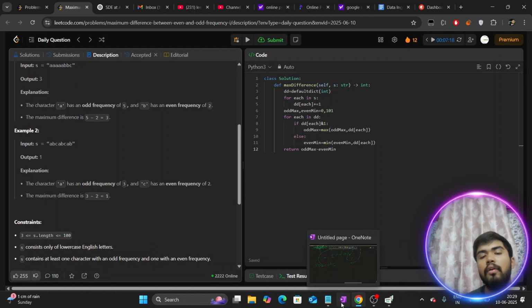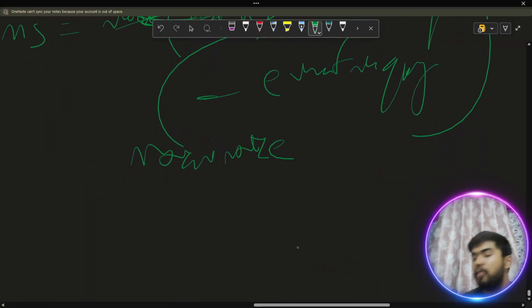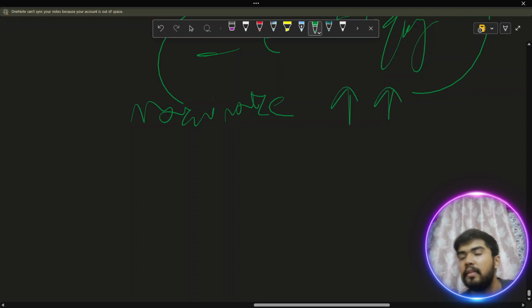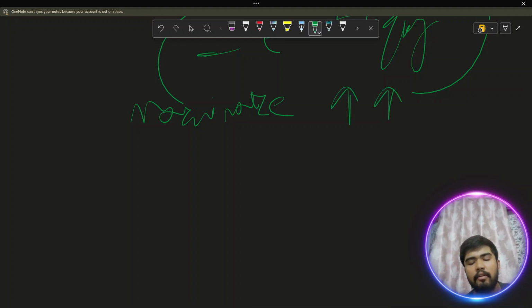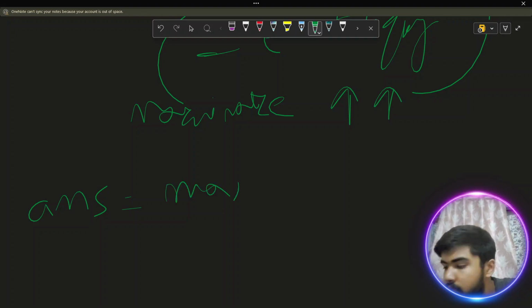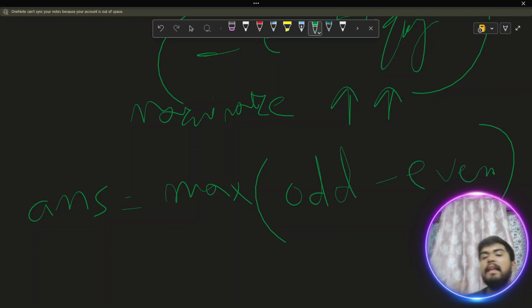So now let's go again to our OneNote. We need these things to be higher. So who is actually contributing to this? Our answer is actually the max of odd minus even, so this we need.